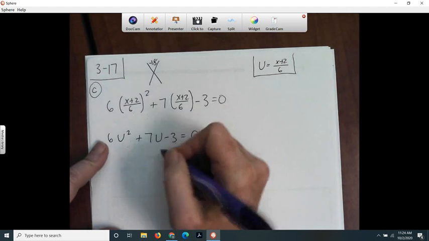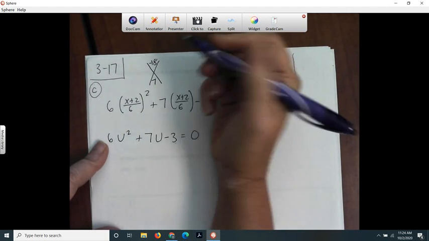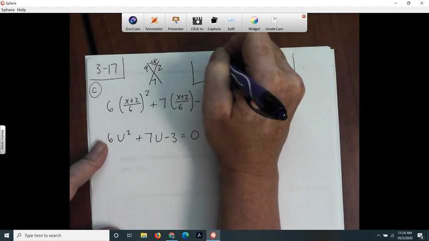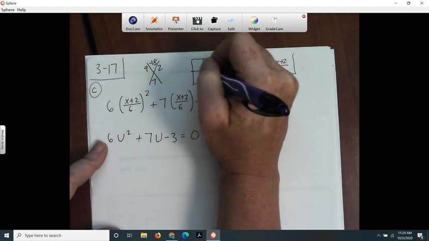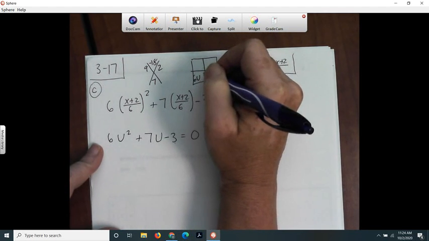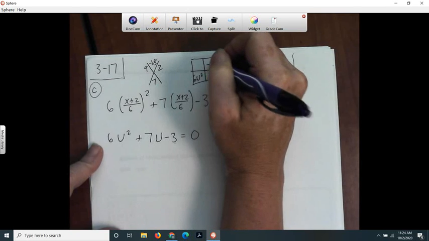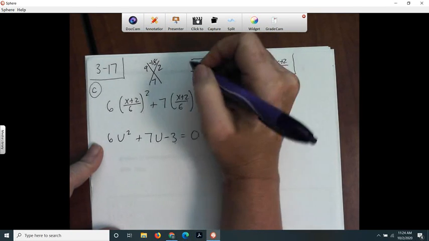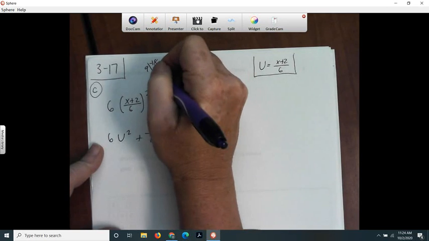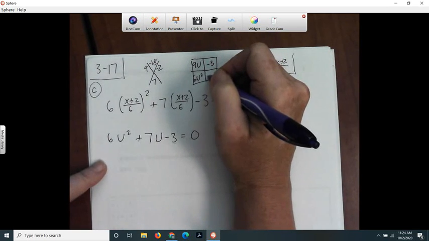So 9 times 2 would work. I'm going to use my area model box here. 6u squared and negative 3. 9u, wait a second, this needs to be negative 2u.